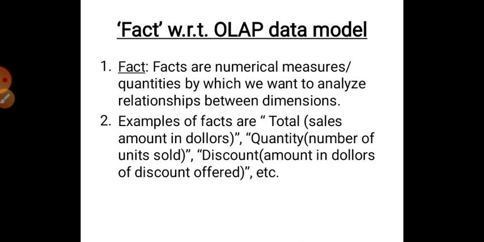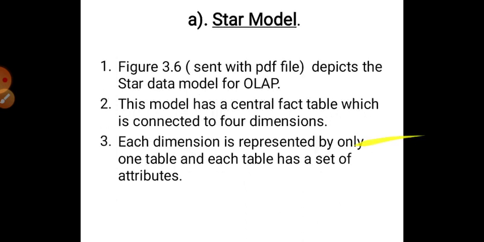So what is fact? Point number 1. Facts are numerical measures or quantities by which we want to analyze relationships between dimensions. Point number 2. For example, facts are total sales amount in dollars, quantity, that is number of units sold, discount, that is amount in dollars of discount offered, etc.